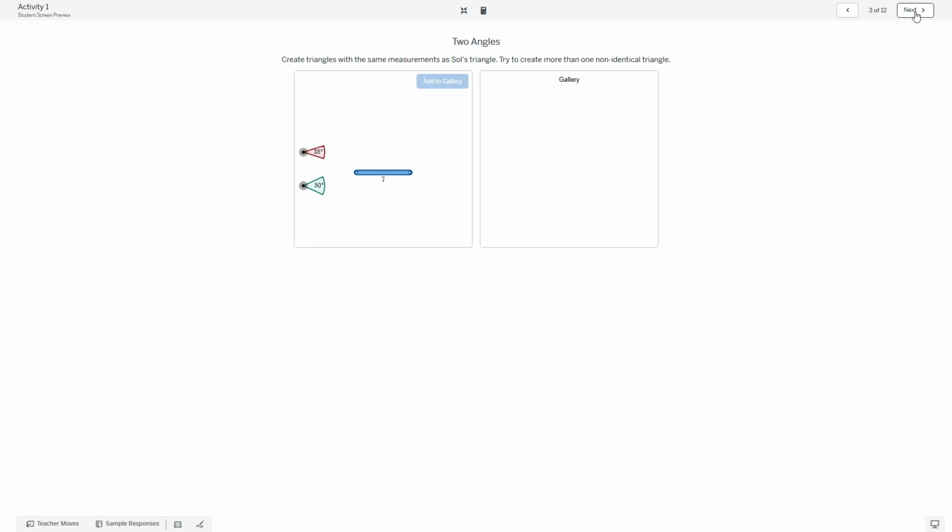Okay, so now we are given that length of 7 and 2 of our angles here, and we are told to create some triangles with the same measures as Sol's triangle. So if off of that 7 side length, I put one angle on one side and the other, I'm going to get this triangle. Okay, now I'm going to just reverse the sides to see what happens when I do that.